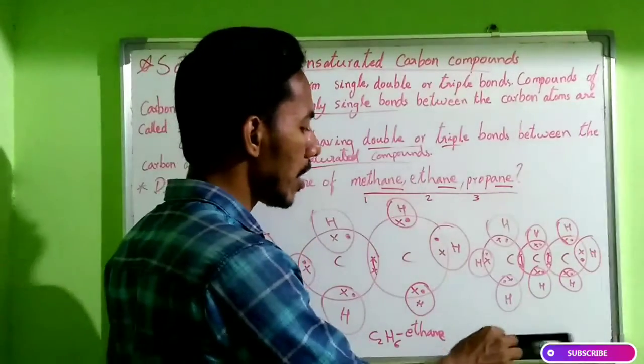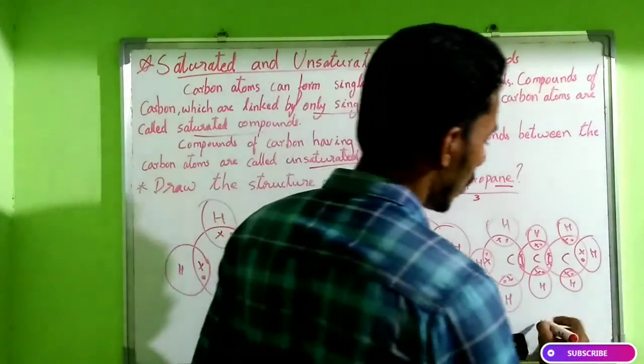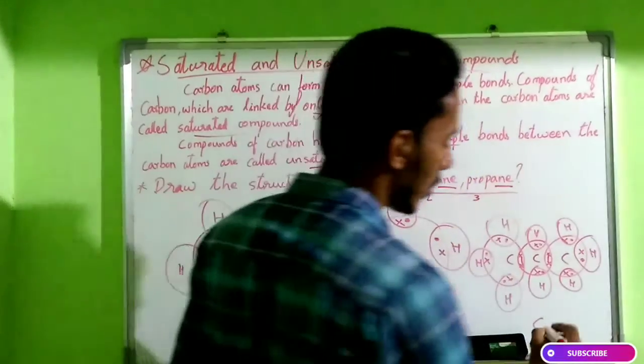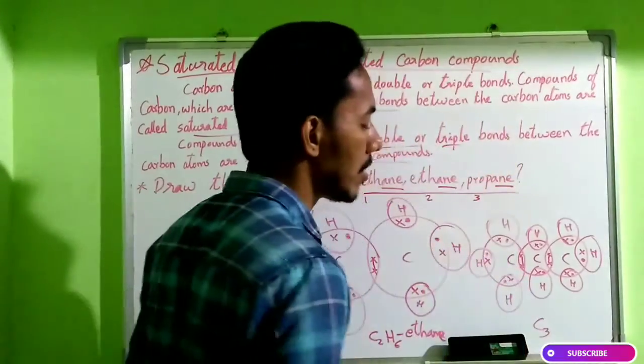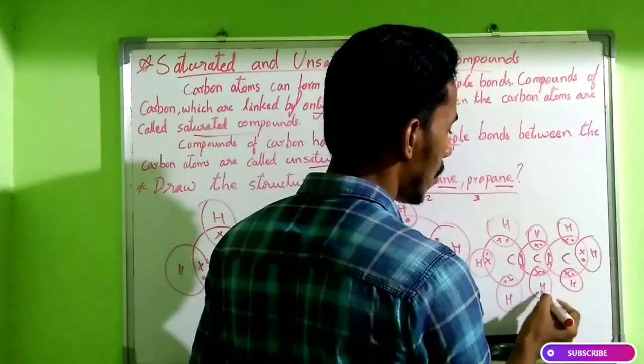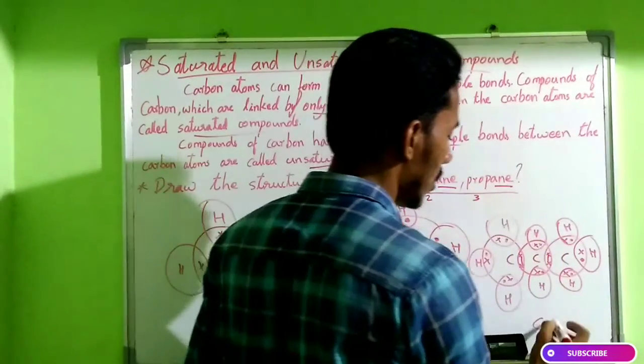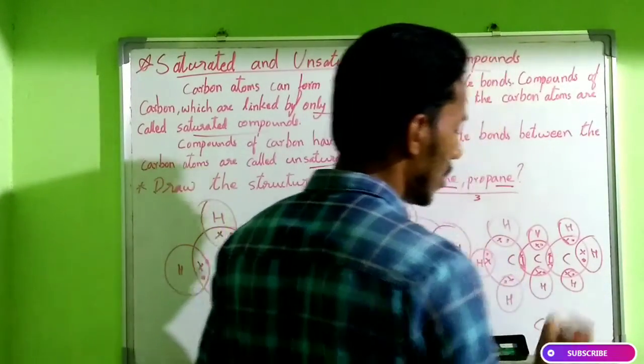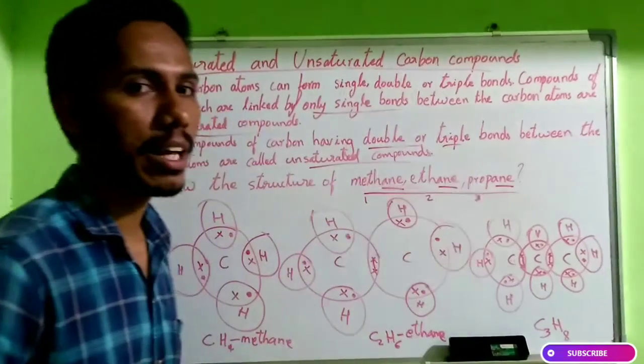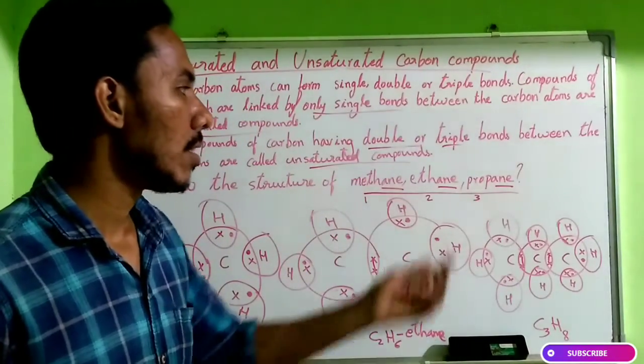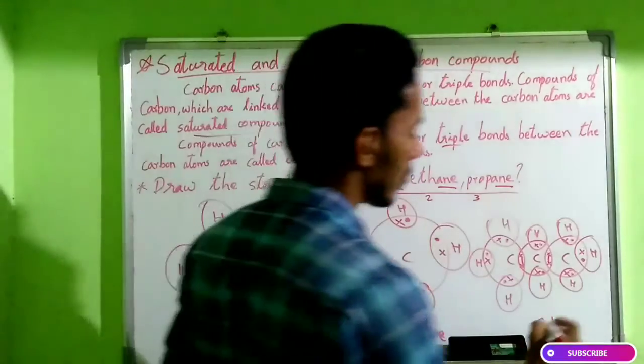What is the molecular formula or chemical formula? How many carbon atoms? 3, C3. How many hydrogens? 1 2 3 4 5 6 7 8. C3H8 is the chemical formula of propane.